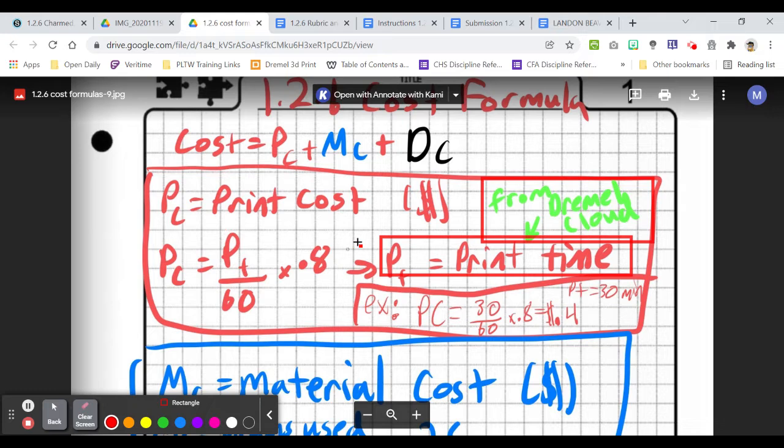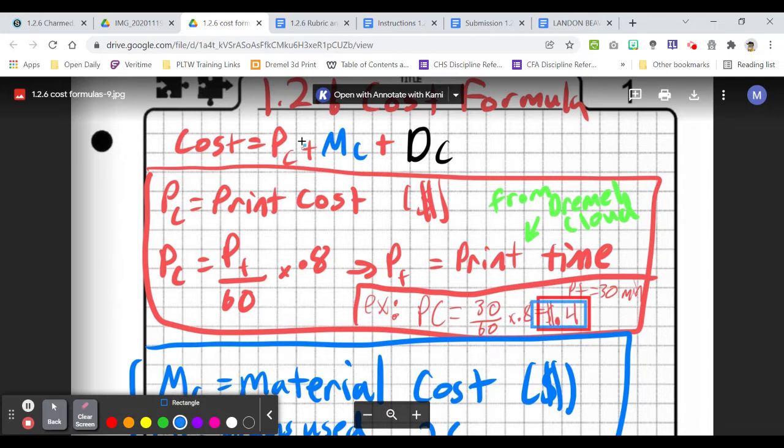Get that number, plug it into this formula, and you're going to get the cost for your print. Here's an example. Let's say it takes 30 minutes to print according to the Dremel print cloud. We divide that by 60, multiply that by 0.8, and that gives us a cost to print. This number goes right here.